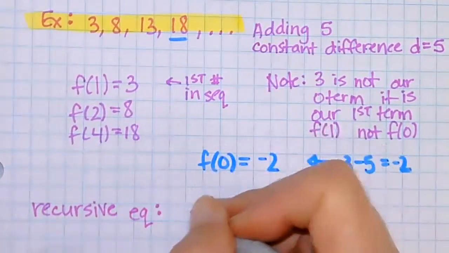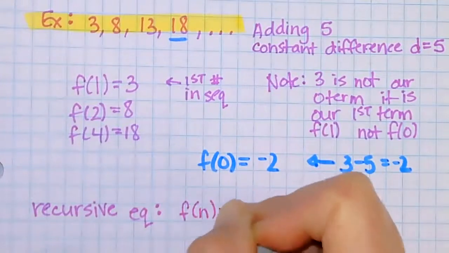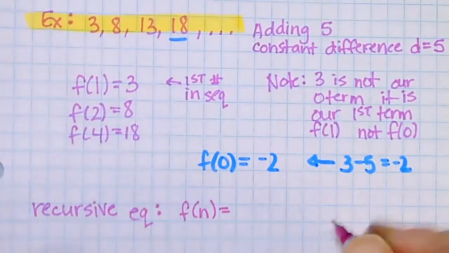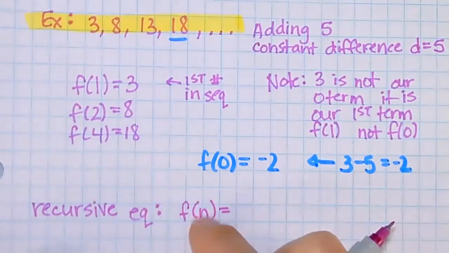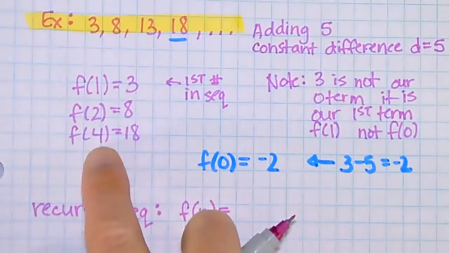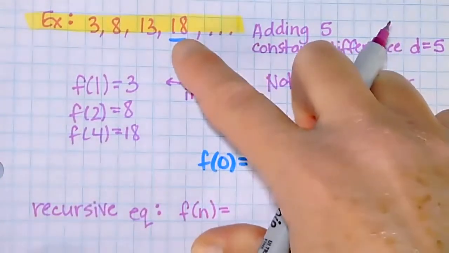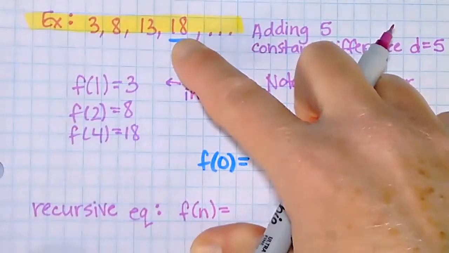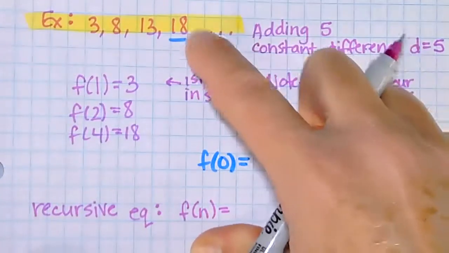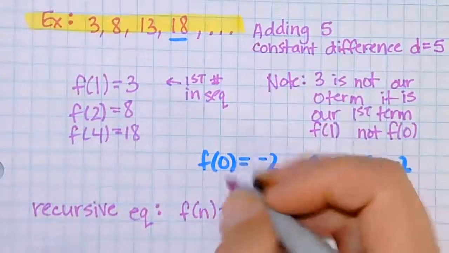Recursive equation: f of n, where n is the term I'm trying to find. Maybe I'm finding f of 4, the fourth term. If I wanted the fifth term, for example, I know the fourth term is 18 and I'm adding 5, so I'd add 5 onto the fourth term to get the fifth term. That's what this recursive formula is.